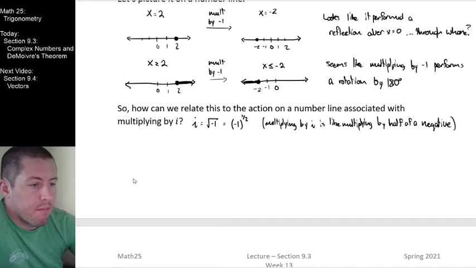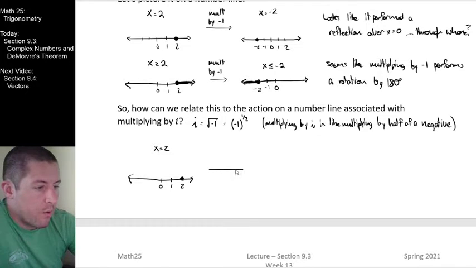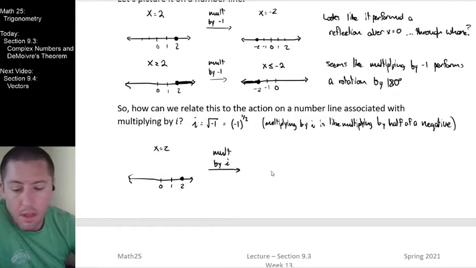So what I'm thinking to myself is now we take this number 2 on the number line, and we can go ahead and multiply by i, then where should we land?